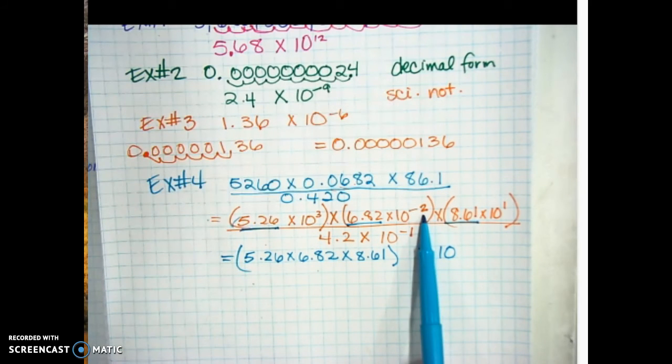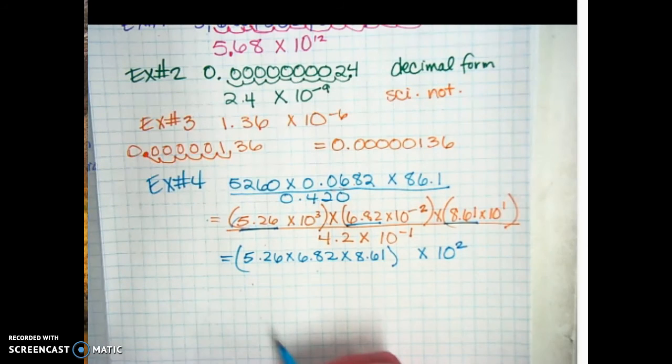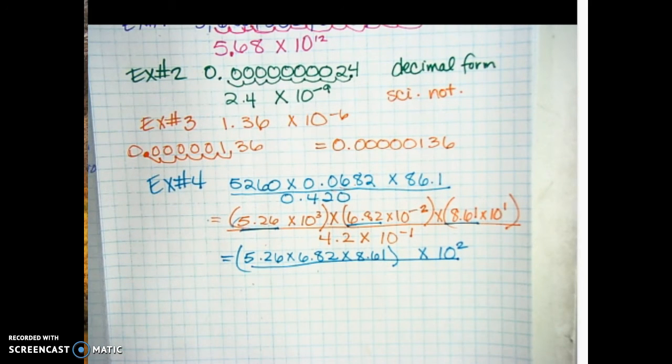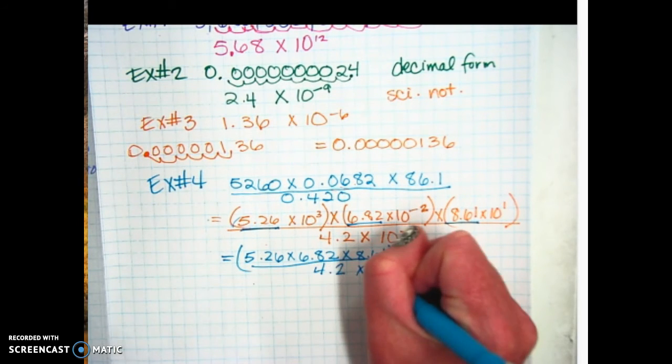So 3 minus 2 is 1. 1 plus 1 is 2. And then let's keep that denominator there for us.